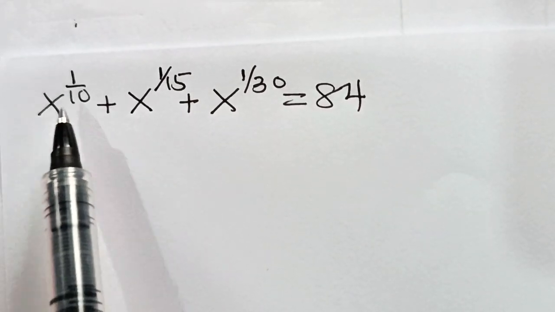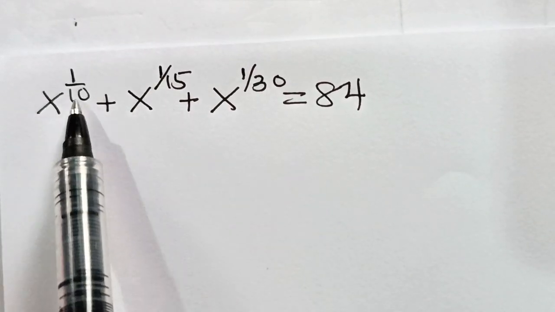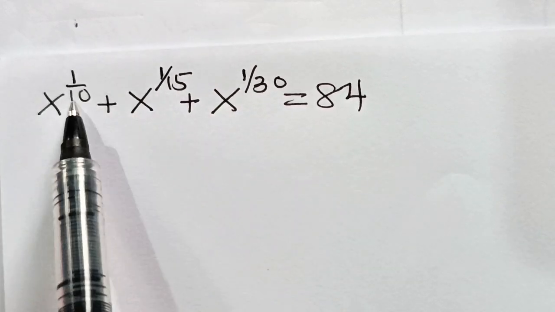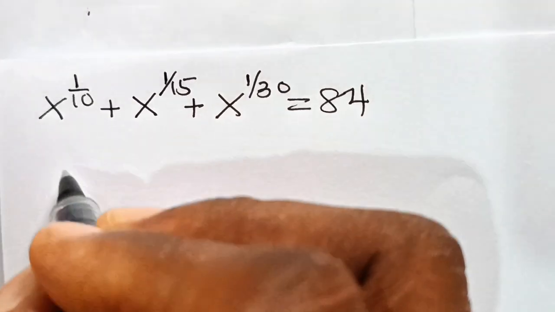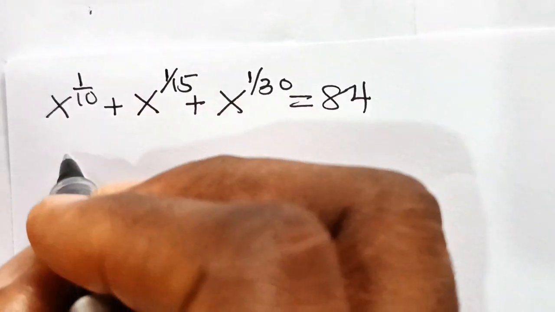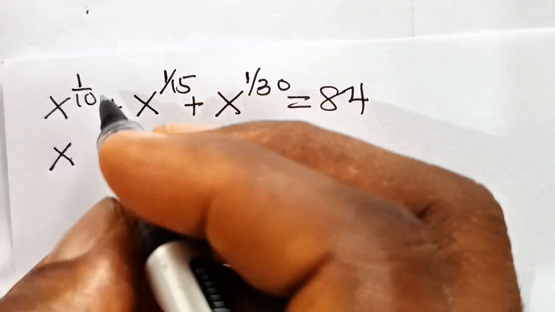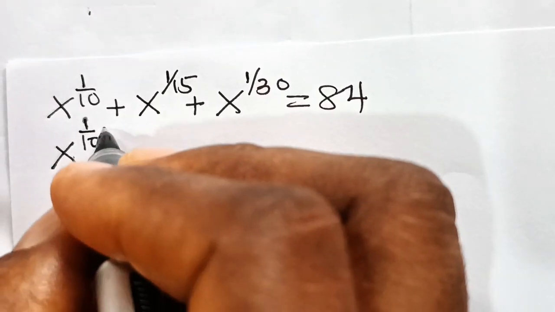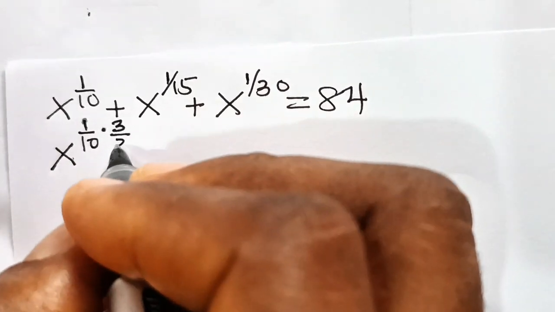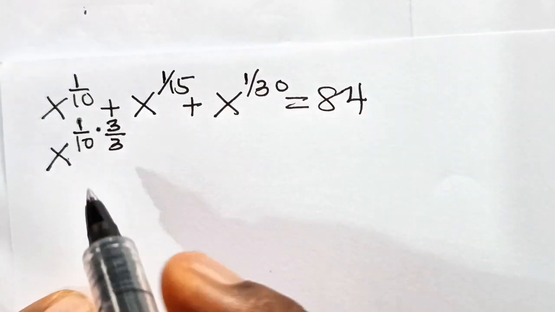Looking at it, the first thing that came to my mind is to give these things the same denominator. We can write this as x raised to the power of 1 over 10 multiplied by 3 over 3. Why am I doing that?